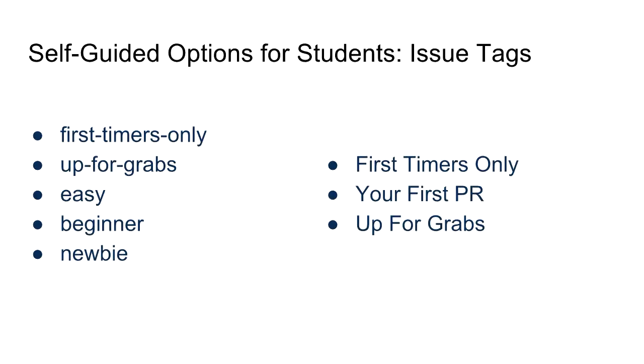So there are those programs, and then there are self-guided options for students who might want to do this on their own time. One of the great ways to get started is to look at issue tags. Issue tags are the tags that one would use on an issue tracker or on a website like GitHub to describe the nature of an issue.